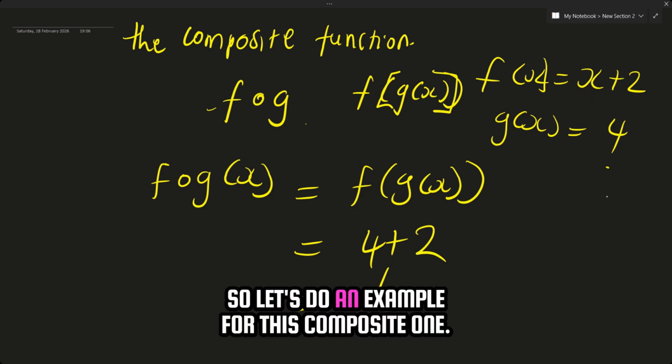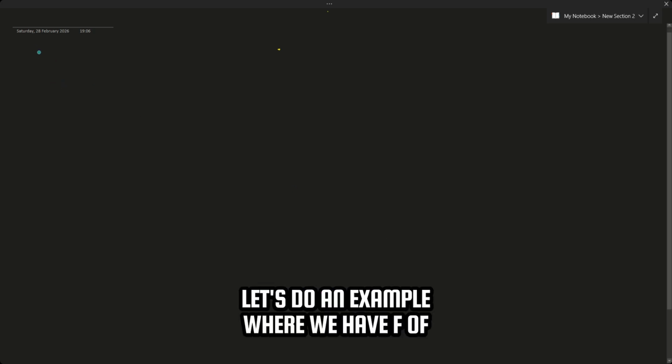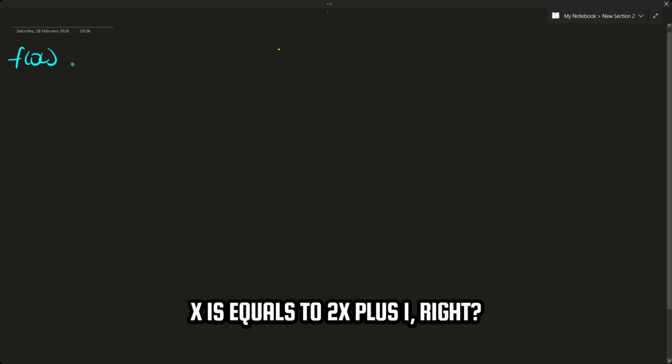So let's do an example for this composite one. Let's do an example where we have got f of x equals 2x plus 1, right?